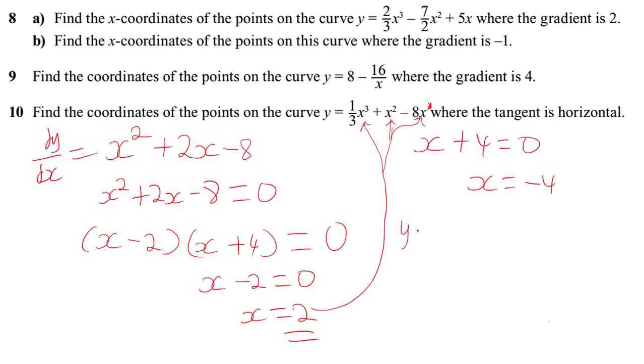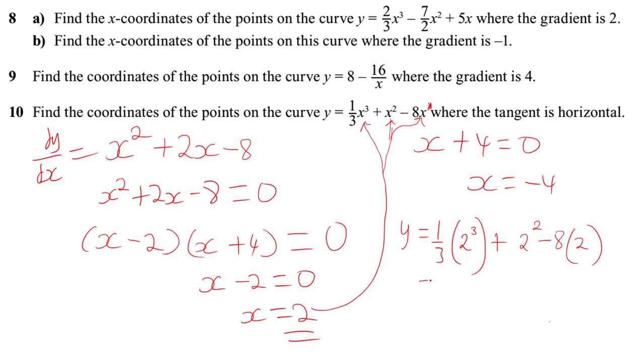So to find y, we're going to do a third times x cubed, because it says x cubed there, and then we're going to add x squared. Remember, x is 2, and all you need to do is square it, minus 8 times what x is. X is 2. So I'm just subbing in x there to find what y is. Okay, so when you want to find y, you sub x back into the original function, because that's the one that tells you what y is.